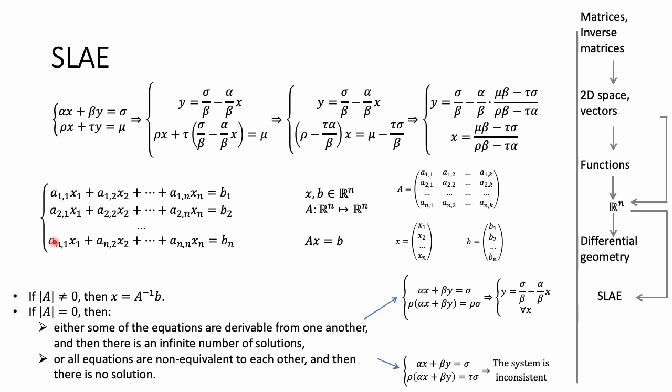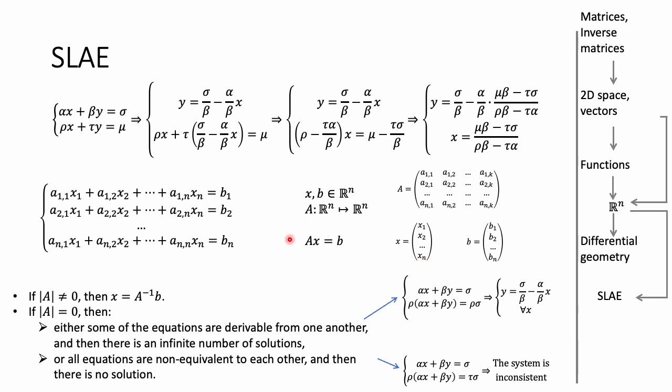We have the matrix A, which is n by n, composed of the values a sub 1,1 all the way to a sub n,n, as written here. This is the expression for the matrix A. And we have the vector B, which stands in the right-hand part of this equation. And we have the vector X, composed of x sub 1, x sub 2, etc., all the way to x sub n.